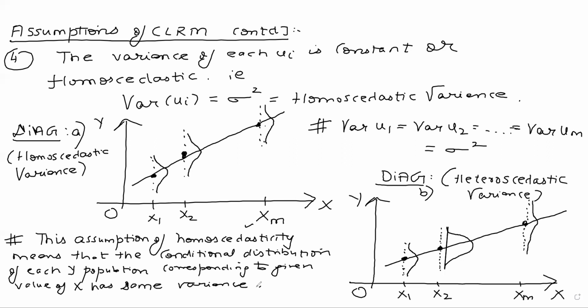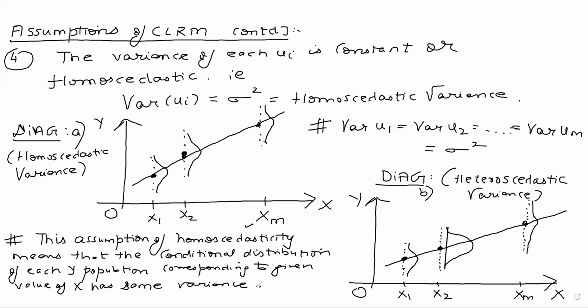When we talk of homoscedastic variance, it simply means for a fixed value of x, the conditional distribution of the y population will have the same variance. That means if you take the sum of the squared deviations of the y values from their means, it will come out to be the same across all values of x.